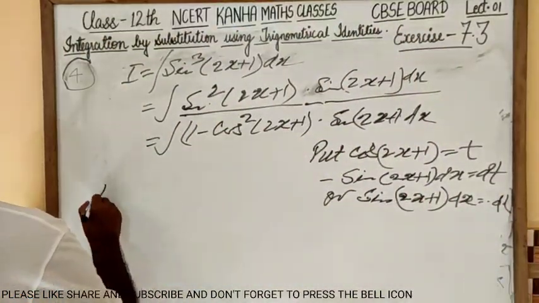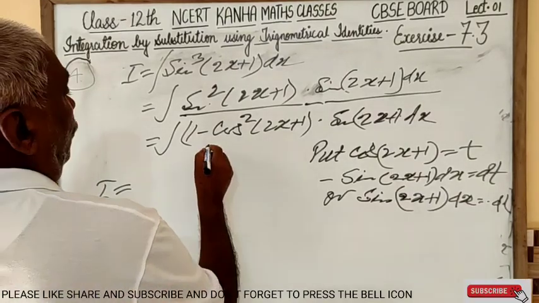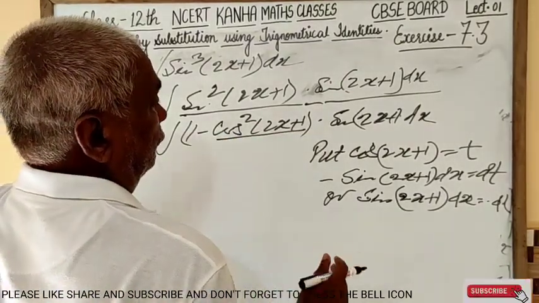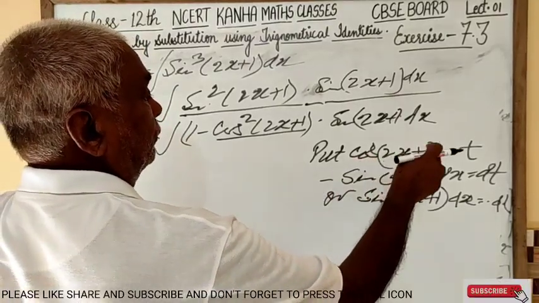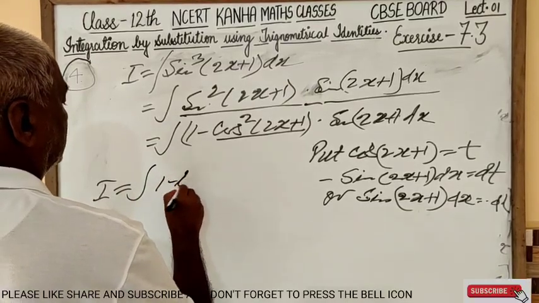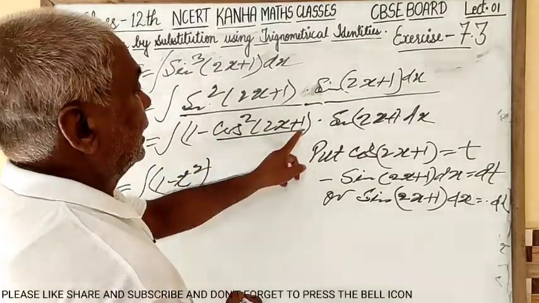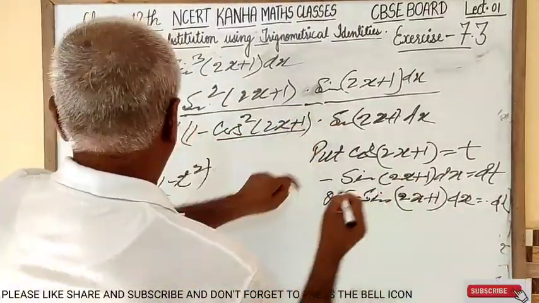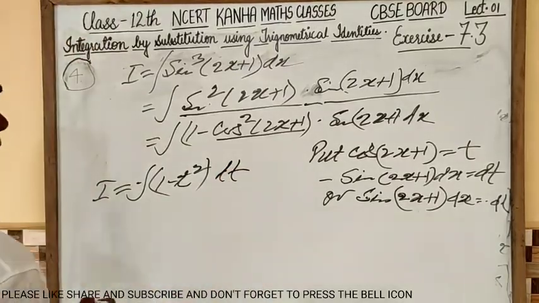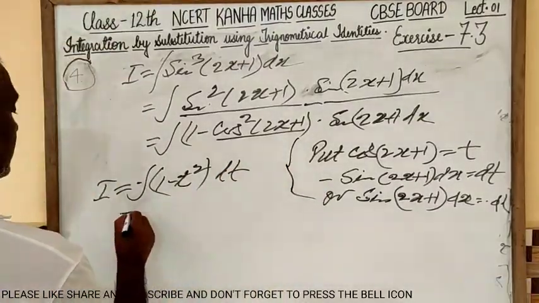Now I may write here 1 minus cos square (2x plus 1). We have substituted cos(2x plus 1) equal to t, so this will be 1 minus t square, times minus dt. It will be very easy.